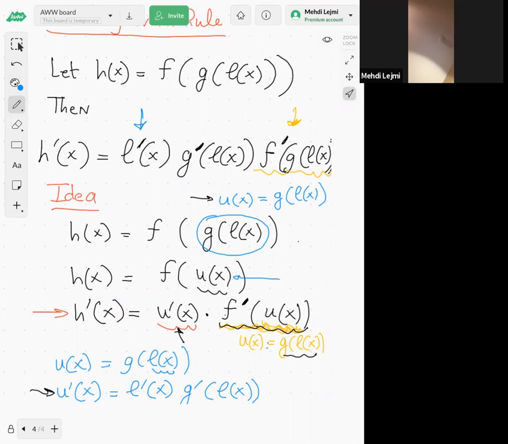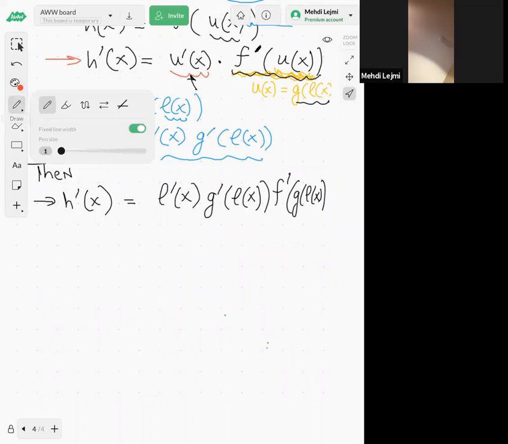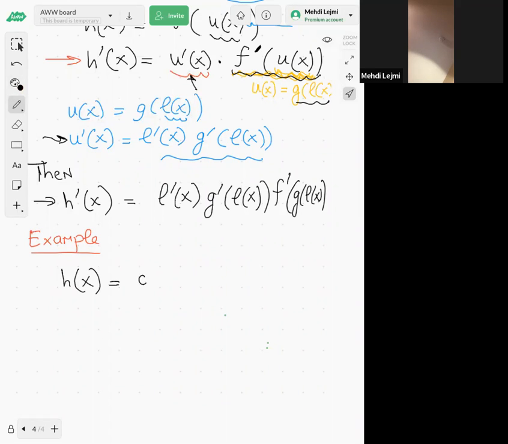Anyway, let's try to apply this formula. Here's an example. Let's say my h of x is equal to cosine of sine of x to the power 4.